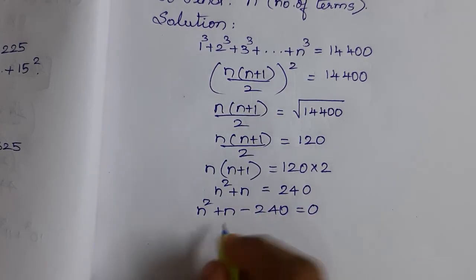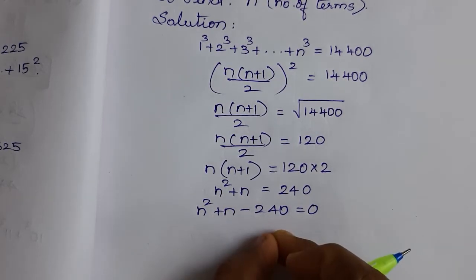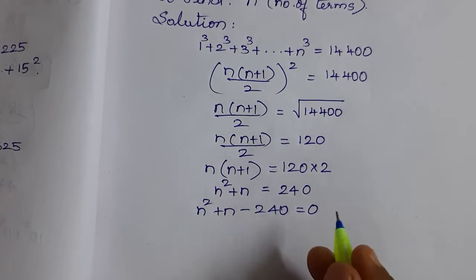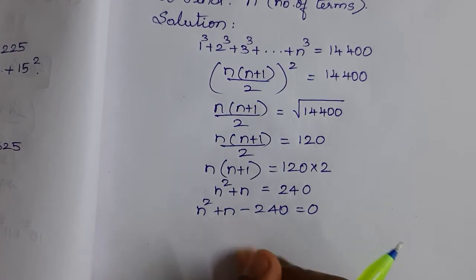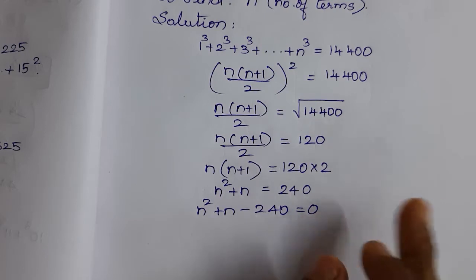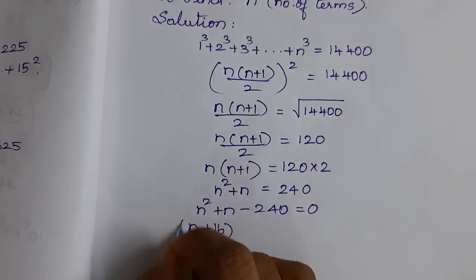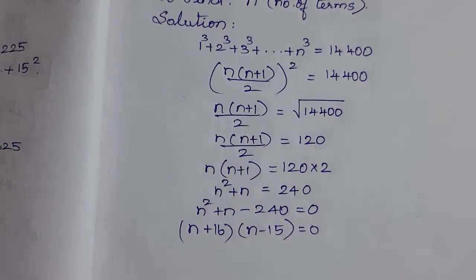Since you have done the quadratic equation last year itself, I'll just tell you the values, which are 15 and 16. 15 into 16 is 240. So I should get plus 1: plus 16 and minus 15. So (n + 16) and (n − 15) are the factors.